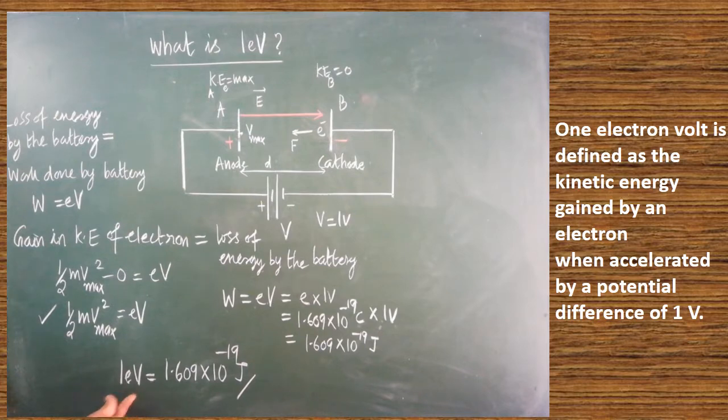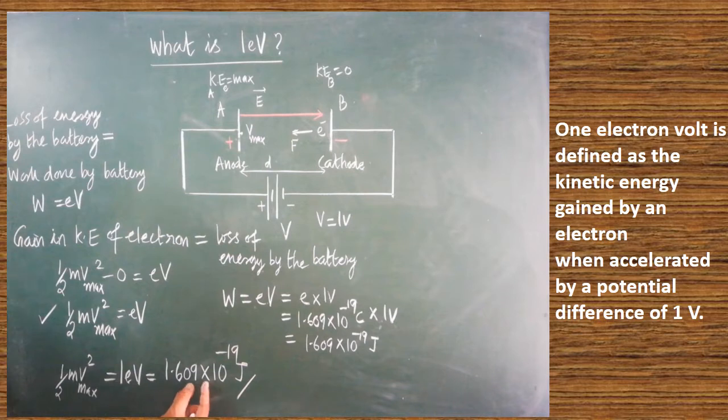Are you clear? So this one will be equal to half m v square. Make a note. This is the kinetic energy gained by the electron, and this is the work done by the battery. If this much work is done with the help of the battery, the electron will gain this much energy.